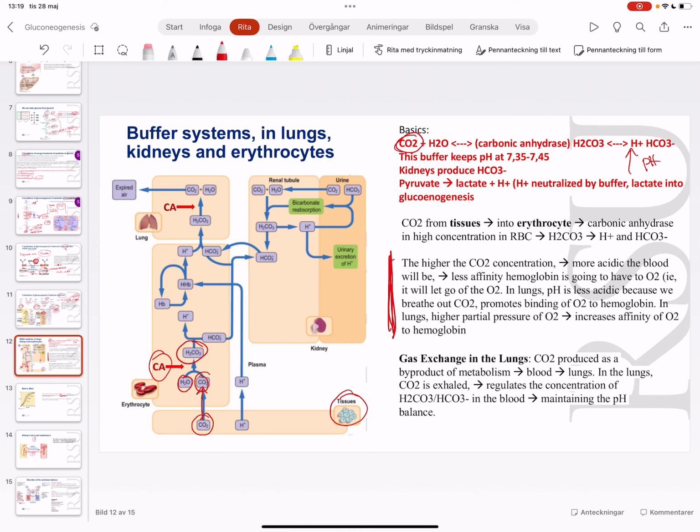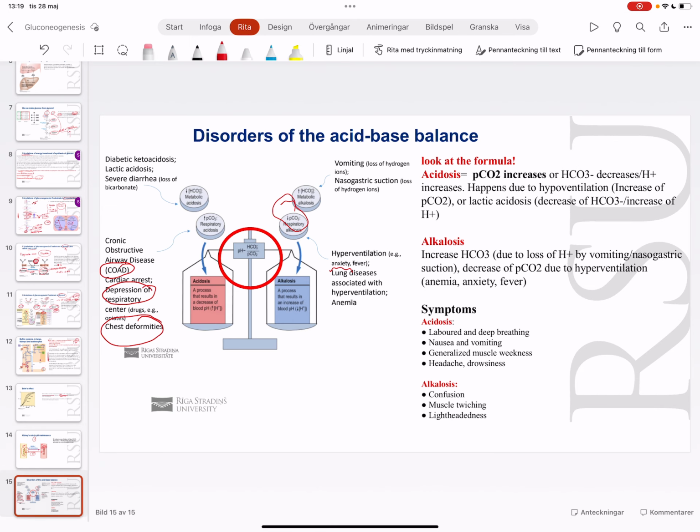So a decrease in carbon dioxide will lead to making more of the bicarbonate ions, and if we have more of that, then this will lead to a higher pH.